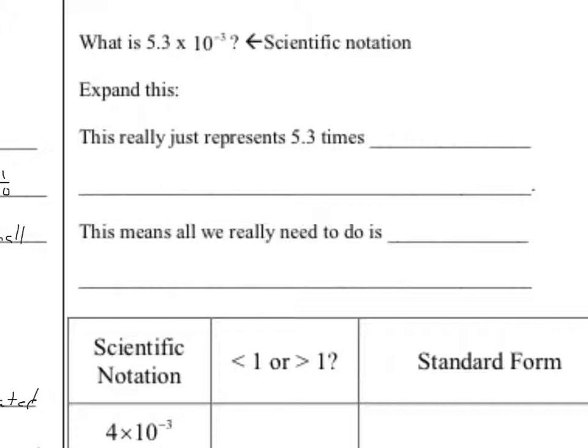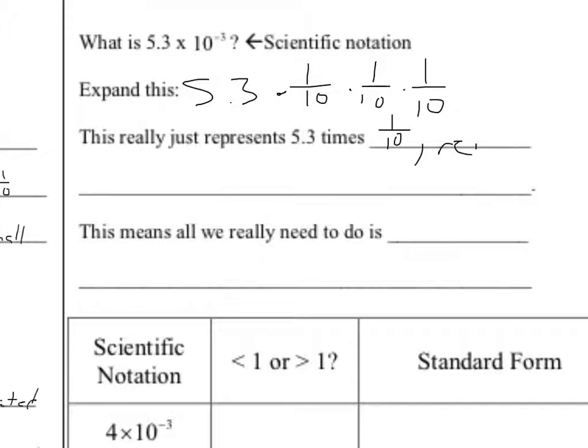I have 5.3 times 10 to the negative third power, so that's 5.3 times 1/10 times 1/10 times 1/10. So we can see that this really represents 5.3 times 1/10 repeated 3 times.